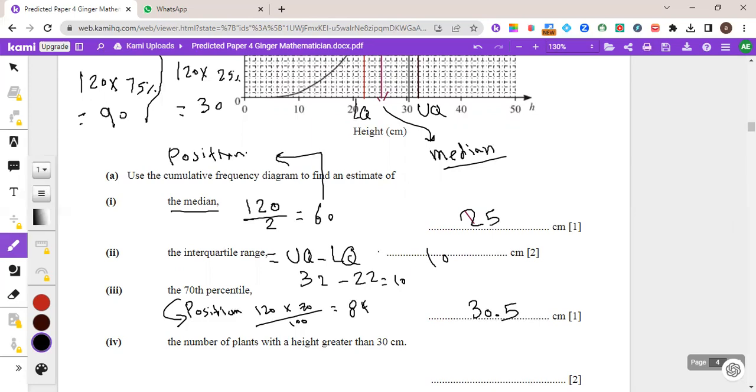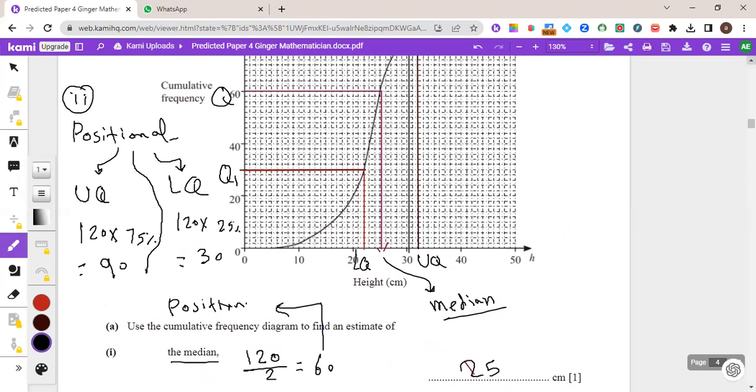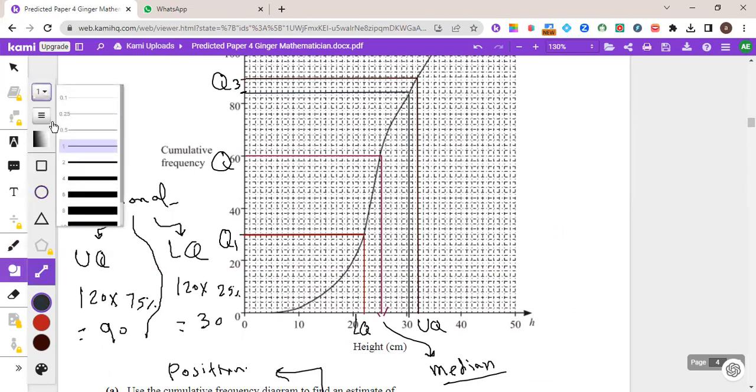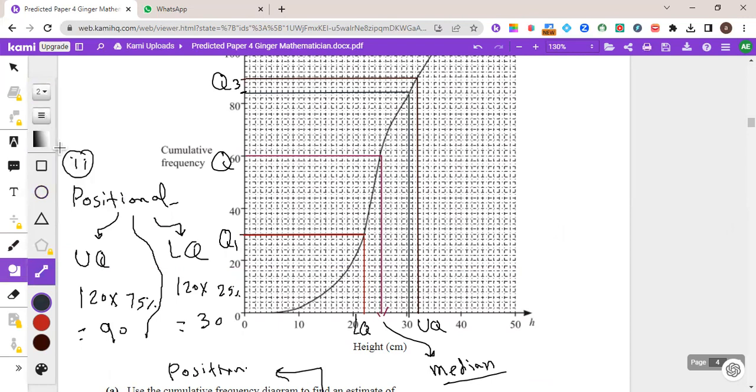So I will come from 30 here, then draw a line from 30 up until I cut the curve.